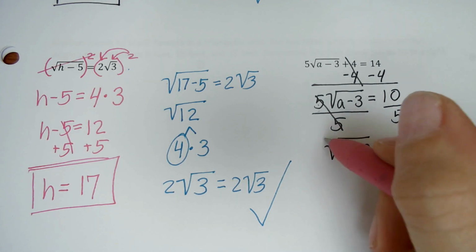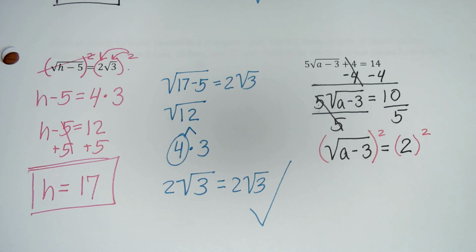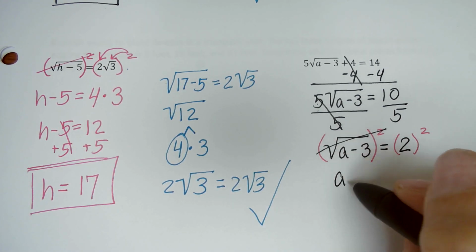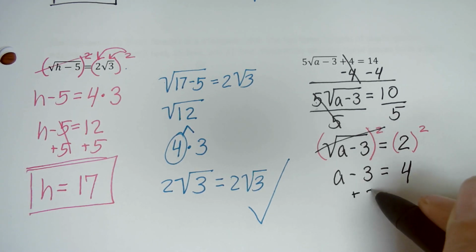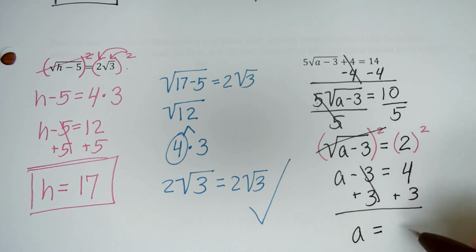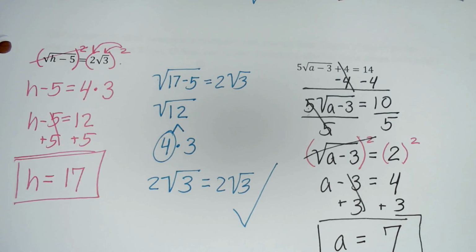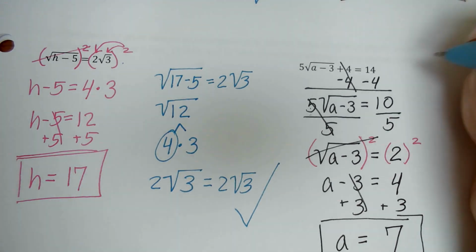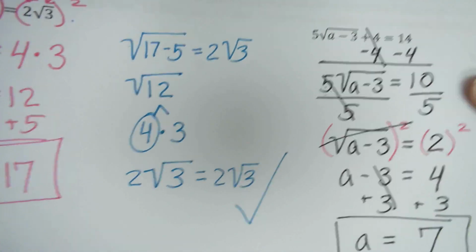Now this is where we have to get rid of the radical, and to do that we square both sides. So a minus 3 equals 4, and then we'll add 3 to both sides, and we get a equals 7. So to check our answer, I want you to check it on your own and see if we did our work correctly. Okay? All right, folks, you're doing great.